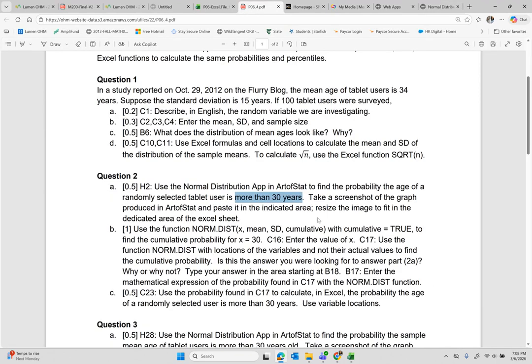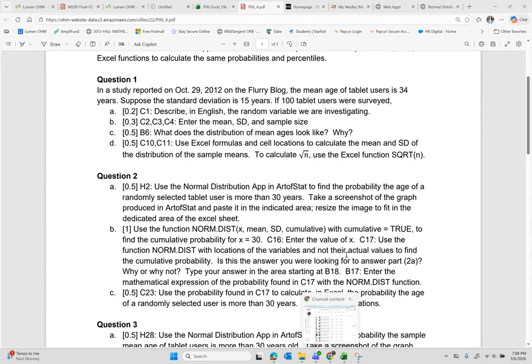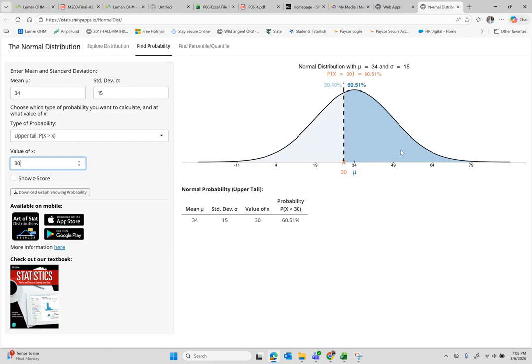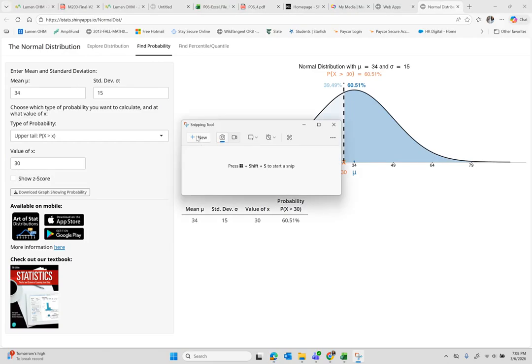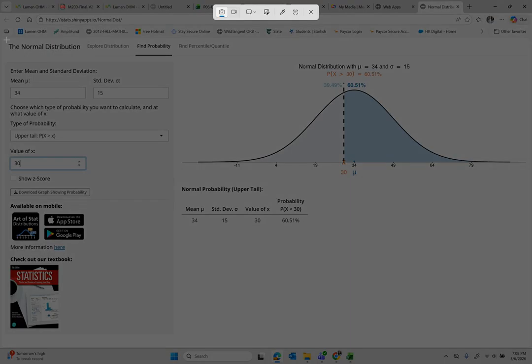The instructions indicate that we need to take a screenshot of the graph produced in Art of Stat and paste it in the indicated area, resizing the image to fit the dedicated area of the Excel spreadsheet. So I'm going to get my snipping tool here.